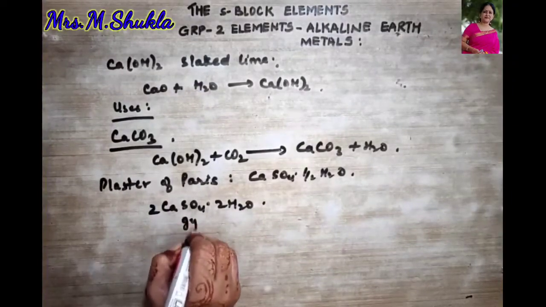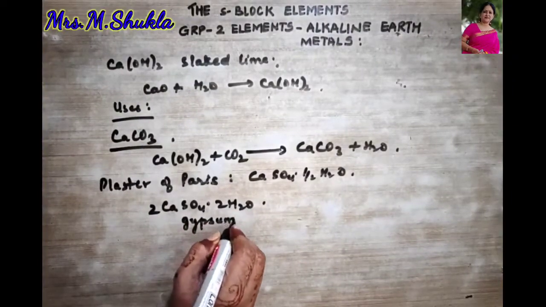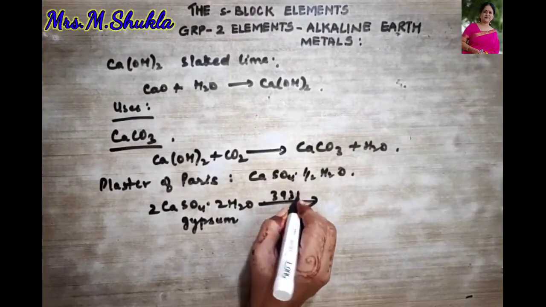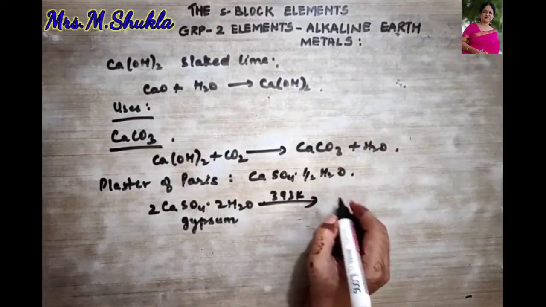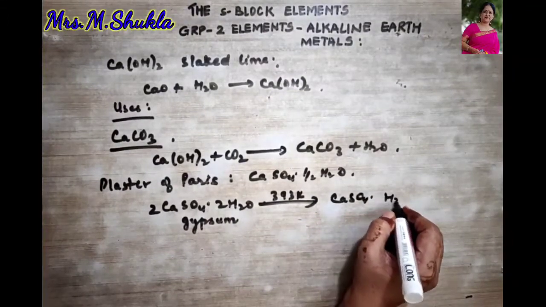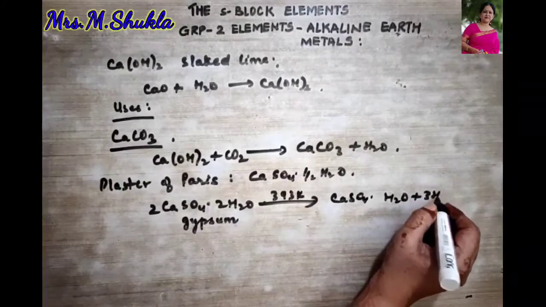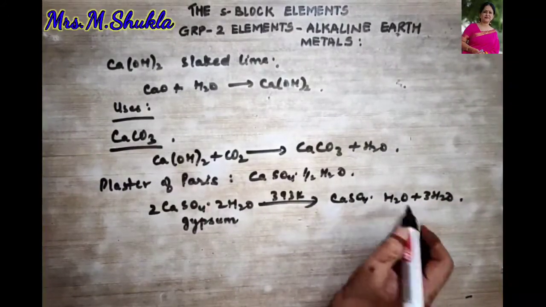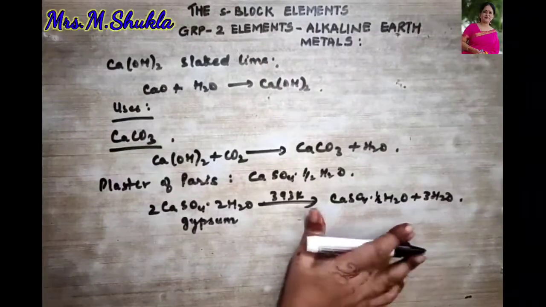Two molecules of gypsum on heating at 393 Kelvin give us plaster of Paris, CaSO4 dot H2O plus 3H2O. So this is your plaster of Paris. You may write here half H2O.